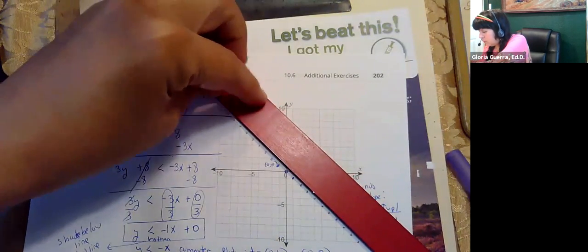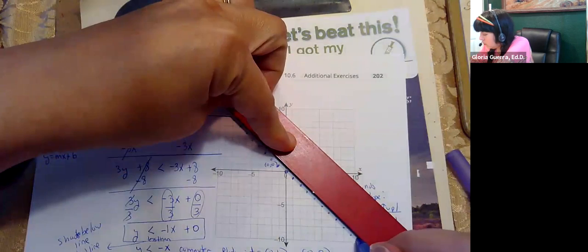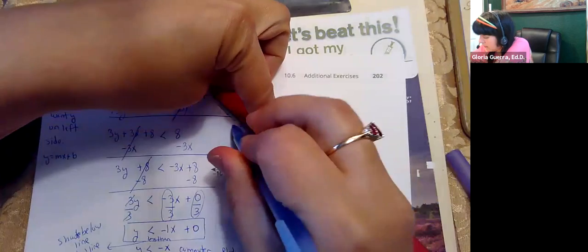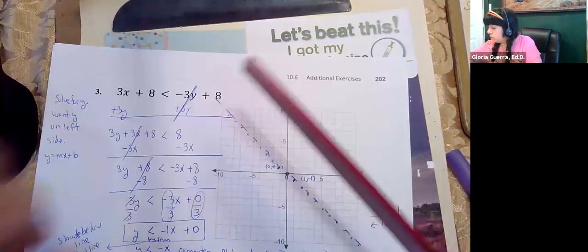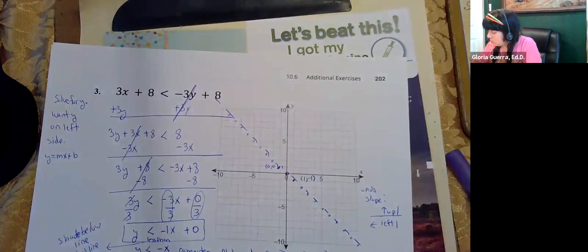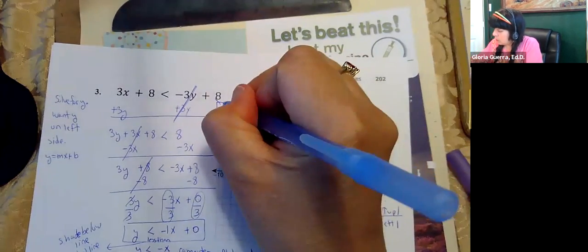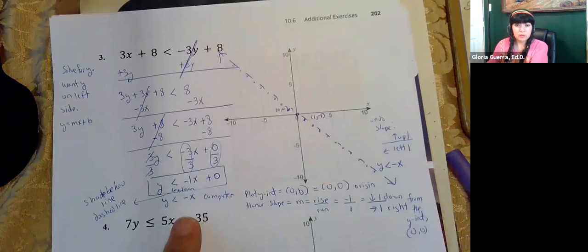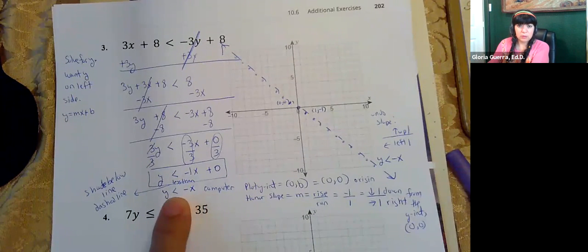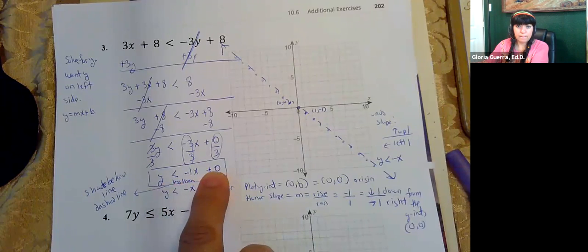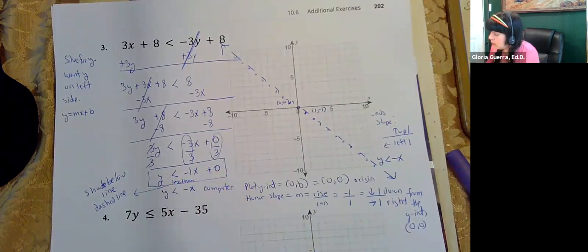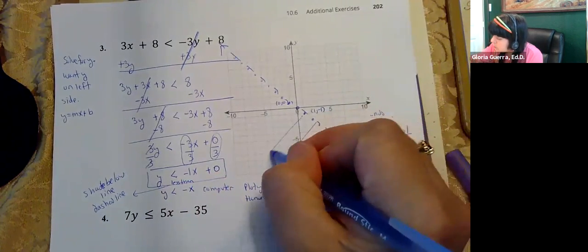I think the computer will also have you choose a radial dial there, dash line or solid line. The name of this line is y is less than -x. If I just put the least amount, that would be it, but this is also okay. And then we said we're shading below the line.